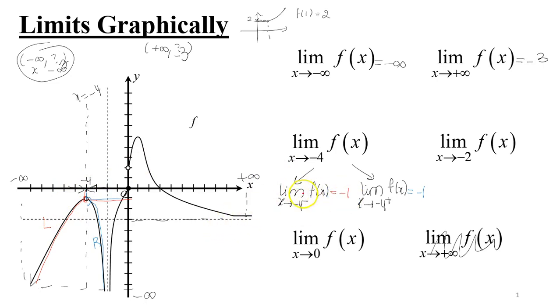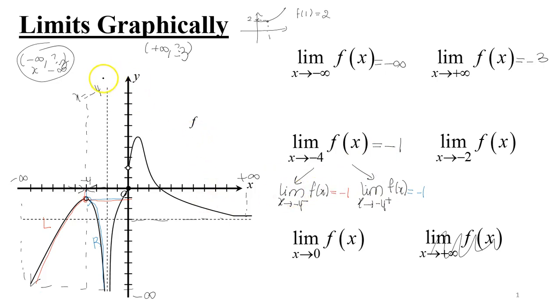So this is also equal to -1. The two being equal, the limit at -4 of f of x is also equal to -1. It would be equal to them.